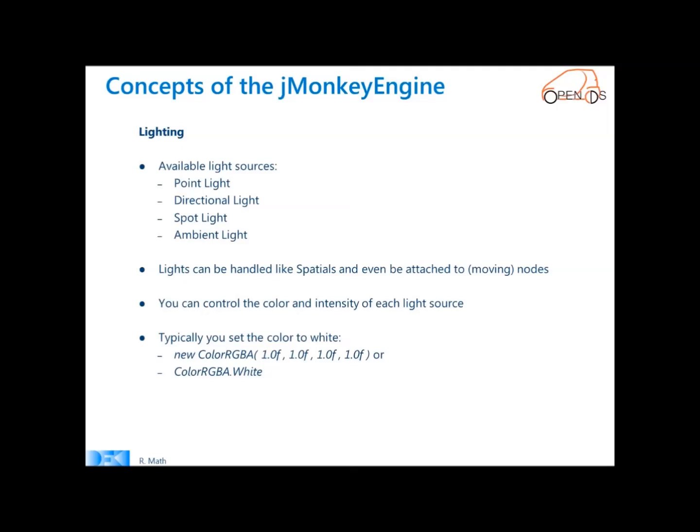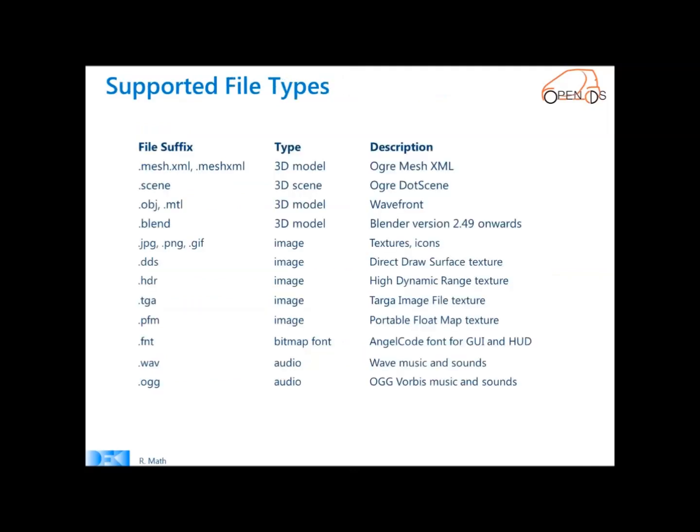Yes, this question? The question was if we can use blend files directly to import objects. I have to confess I don't have experience with blend files, but the JMonkey documentation says it is possible. In general, that's true.